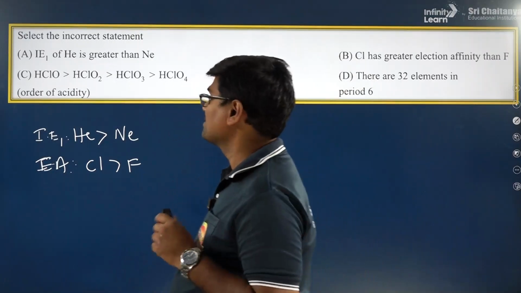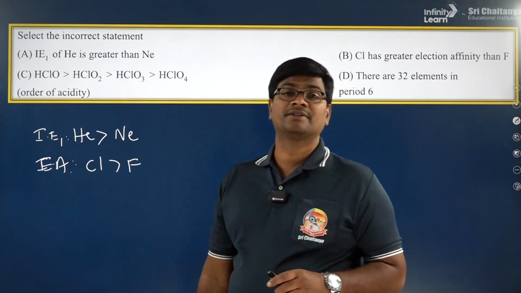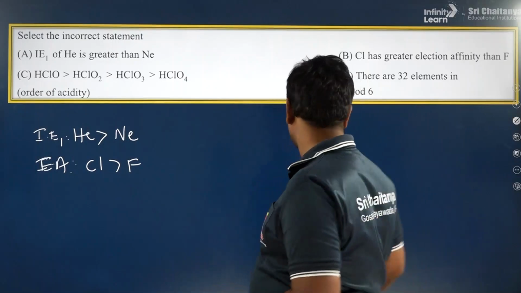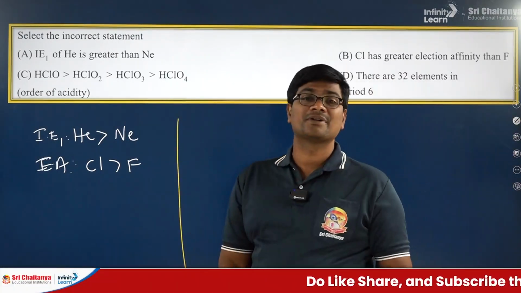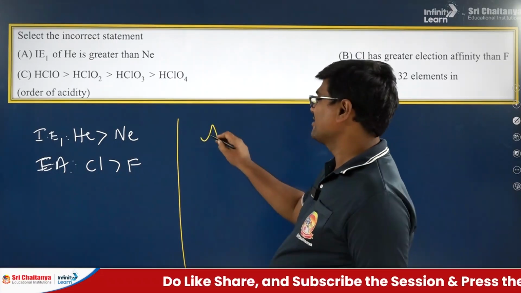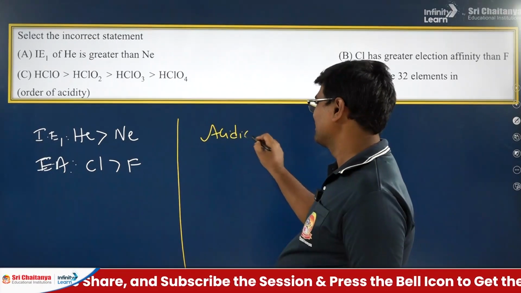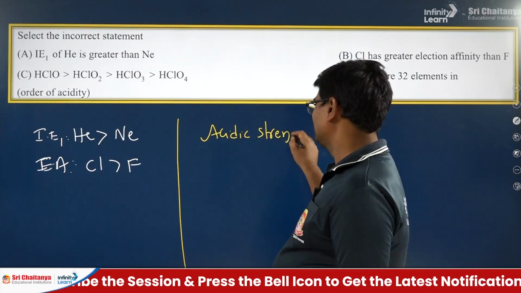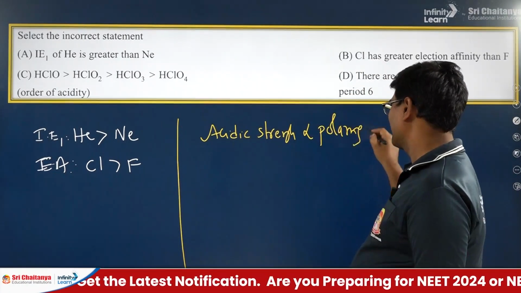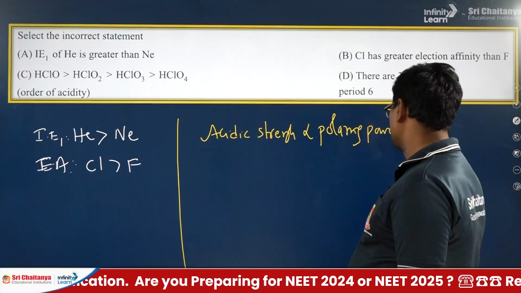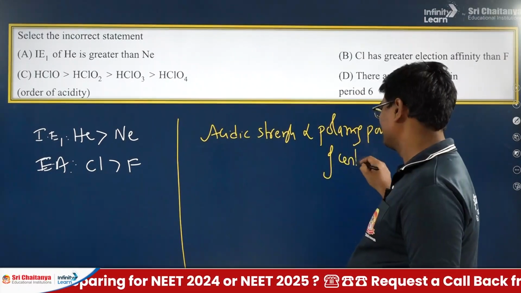Let's go for the next, option C. It's about acidic strength. As we know, the acidic strength of oxides or oxoacids is directly proportional to the polarizing power of the central cation.